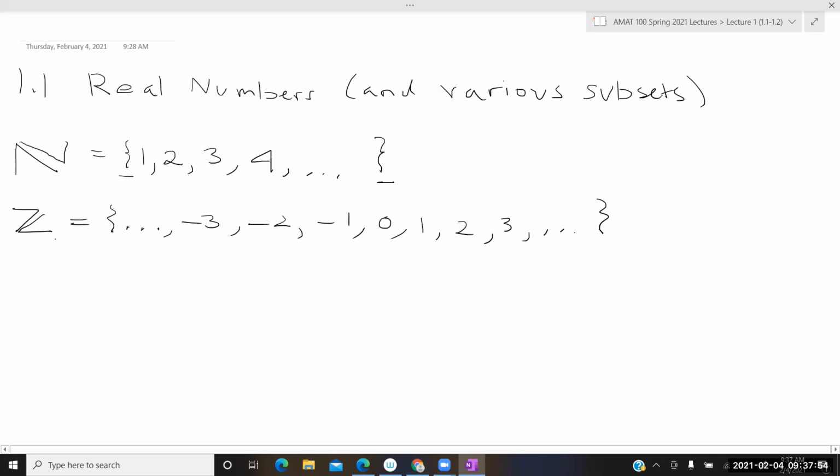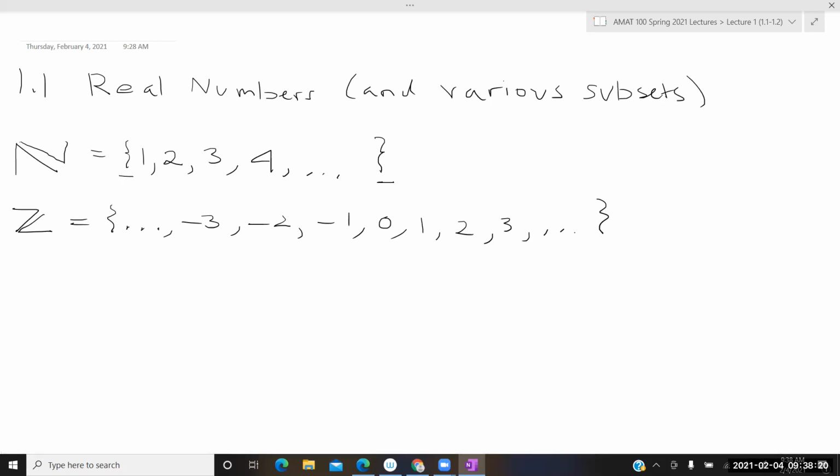It's clear that N is a subset of Z, because every element in N is also in Z. We're going to build on from the naturals, to the integers, to the rationals, which are essentially the fractions, to the real numbers. Before I introduce the rational numbers, though, I want to talk about sets a little bit more.